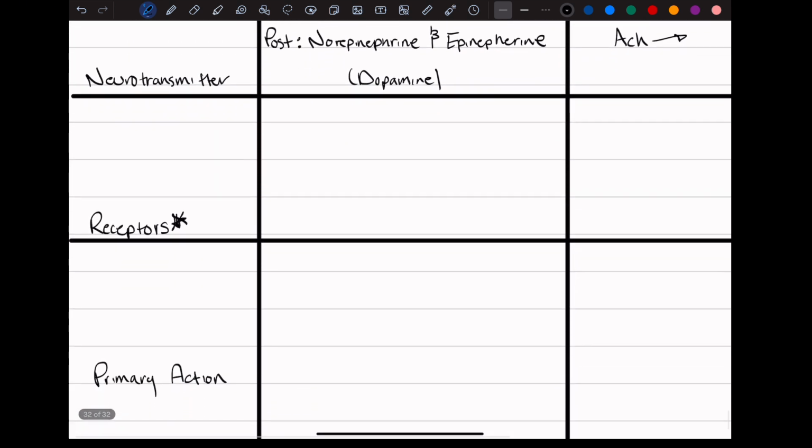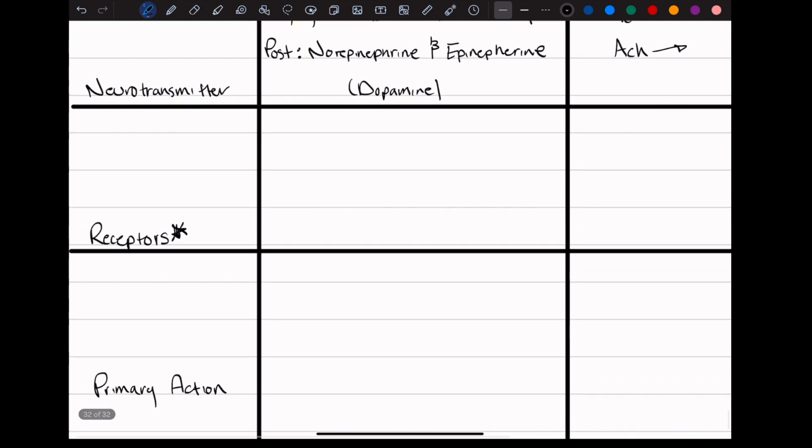So receptor-wise, we're going to have two types of receptors. So cholinergic, and then adrenergic. Cholinergic could be nicotinic and muscarinic.